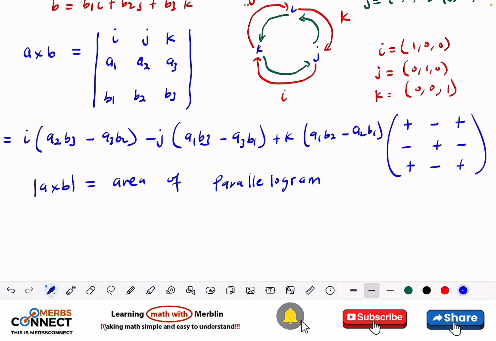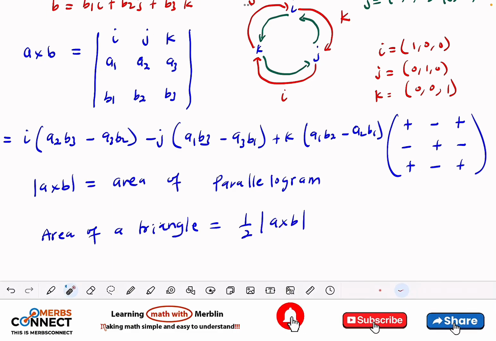And then when I need the area of a triangle, I don't need to do much hard work. All I need to do is pick half of the area of a parallelogram, and then I'm done.